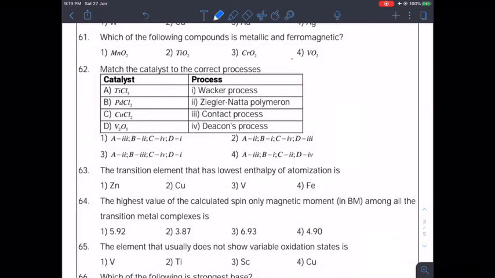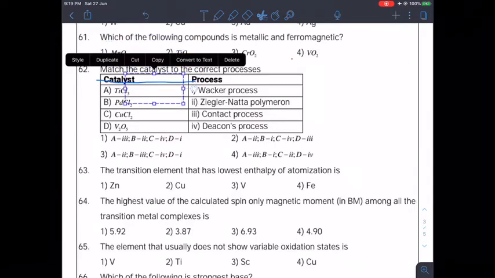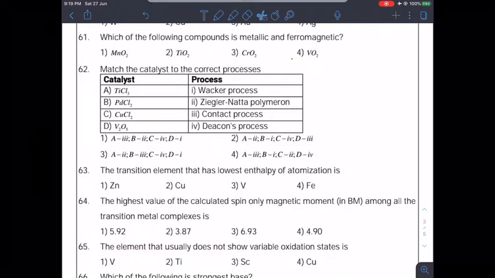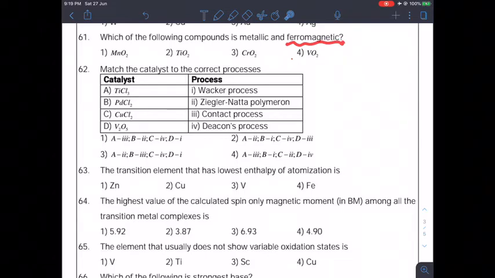Now moving to question number 61: which of the following compounds is metallic and at the same time ferromagnetic? So guys, please understand this. Here they are asking which has an appearance like a metal and at the same time is ferromagnetic. So it is the property associated with CrO2.